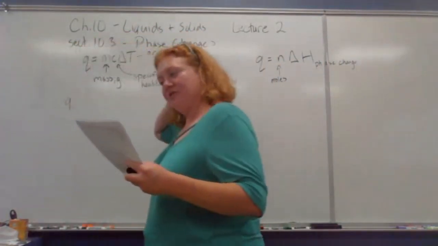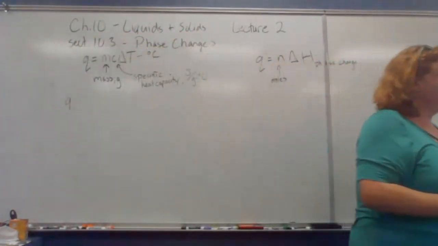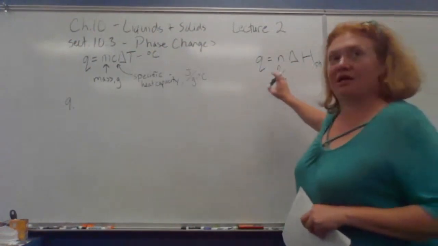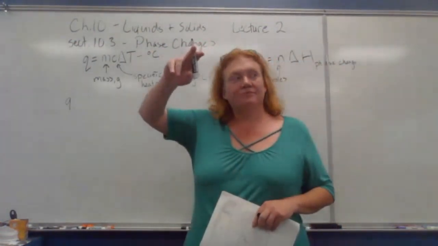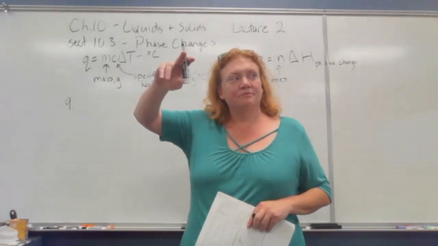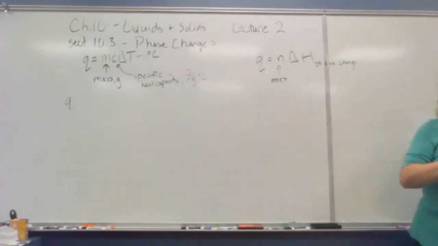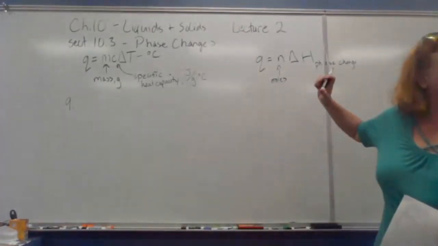I'm evaporating 100 grams. Its enthalpy of vaporization is given. Which equation am I using? I'm using Q = n ΔH, because I am evaporating, which is a phase change.